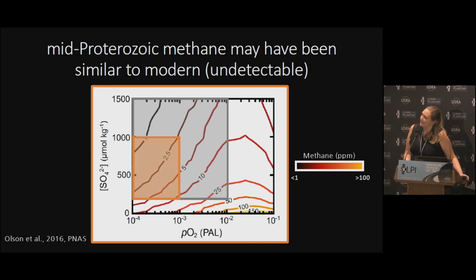But in either case, you can see that the methane concentrations that are predicted are actually pretty low, between 1 to 10 parts per million if you accept my preferred constraints. So whereas Sunny argued for 10 to 100 parts per million in the Proterozoic atmosphere yesterday, I think that he was probably being quite generous.